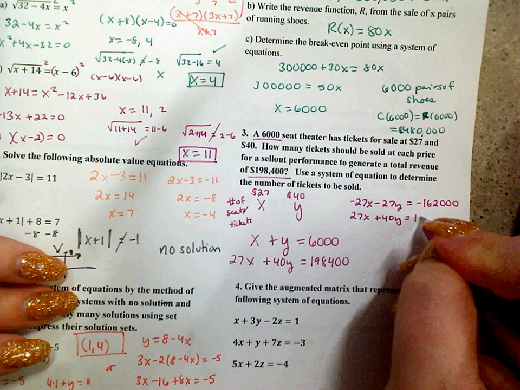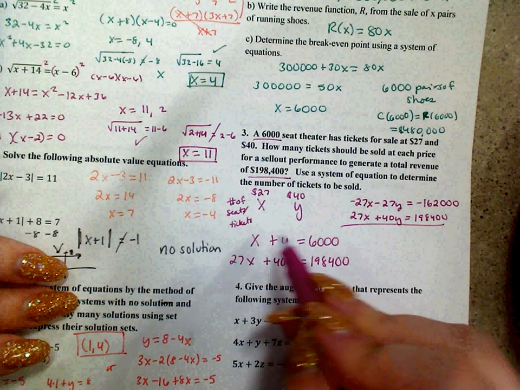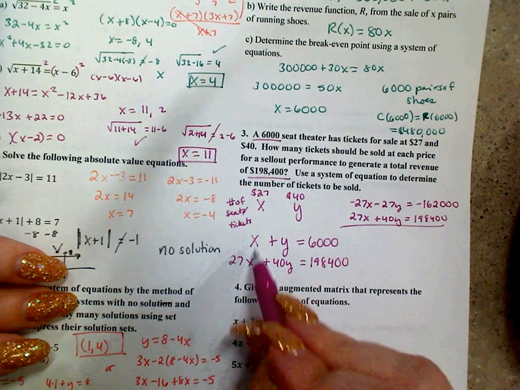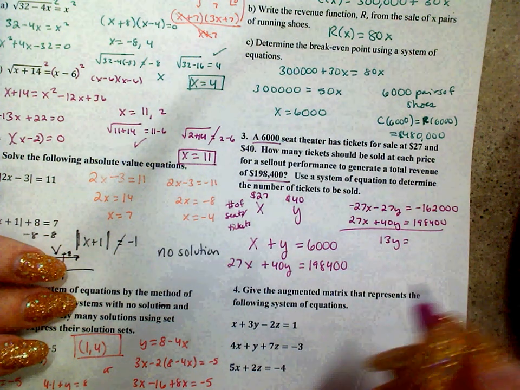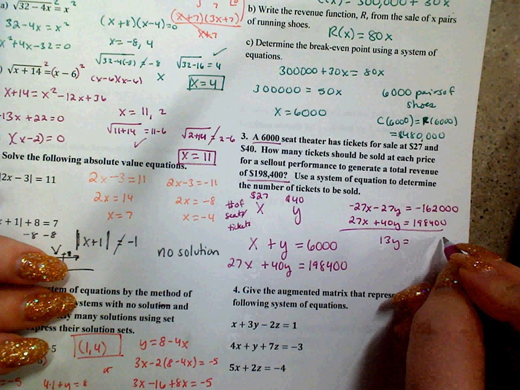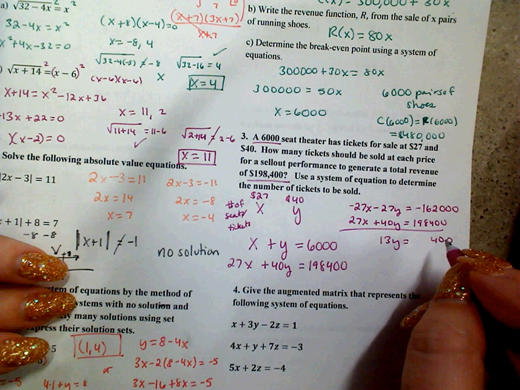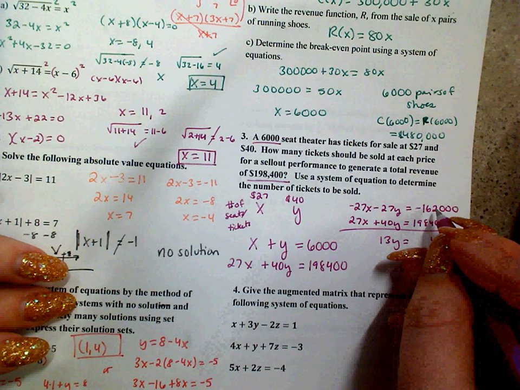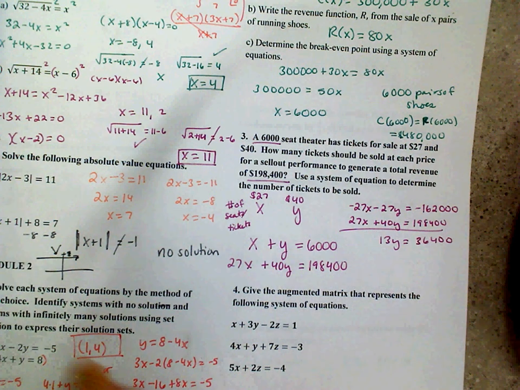This is a reminder, I just multiplied the top equation by negative 27 so that the x's would simplify out. Those are gone. I'm left with 13y equals 36,400.